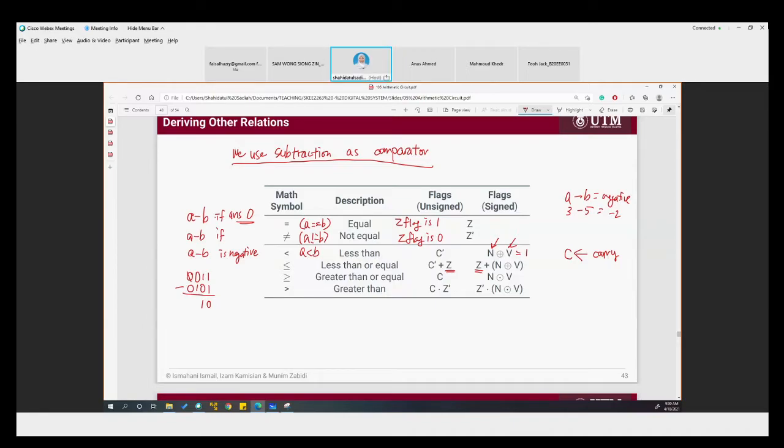If A is greater than B, then A minus B, we will check the C flag and Z flag. Then if it's greater than or equal, then we will check this here, Z, or this here.